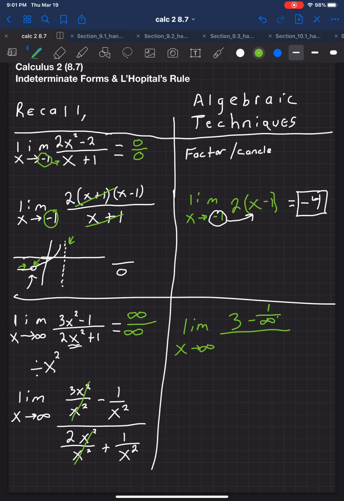I can write infinity squared if you would like me to. Now in the denominator, 2x squared over x squared, the x squareds cancel, leaving me with just 2. And again, for the purposes of teaching, I'll put my infinity here and square it.